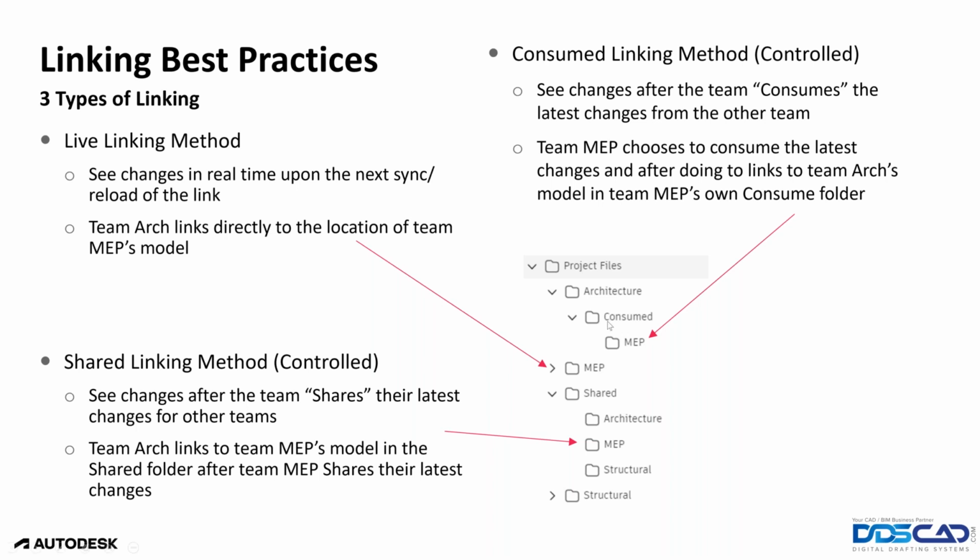So essentially, live linking is the first method, right? That's what we call an uncontrolled linking method. And essentially, the way that works is you link directly to where that model is living for the other team. So I'm the architect, and I'm going to link directly to the MEP's model in their MEP folder, in the folder structure here. That's the first option.